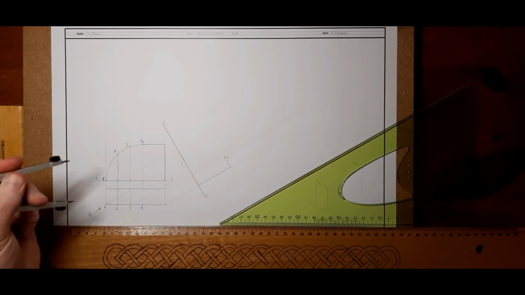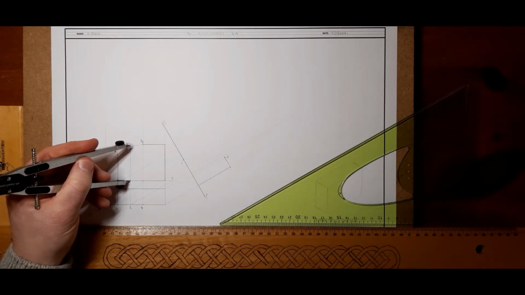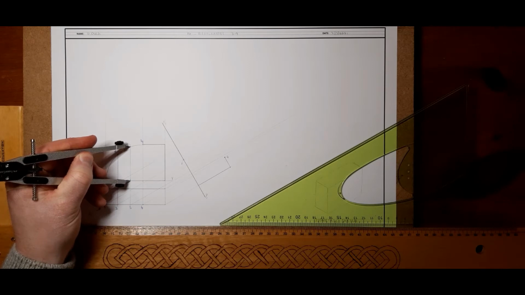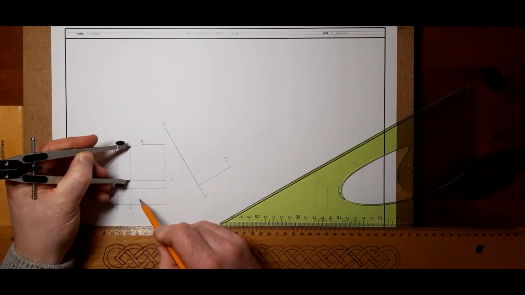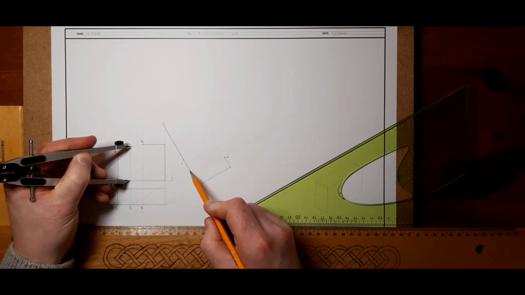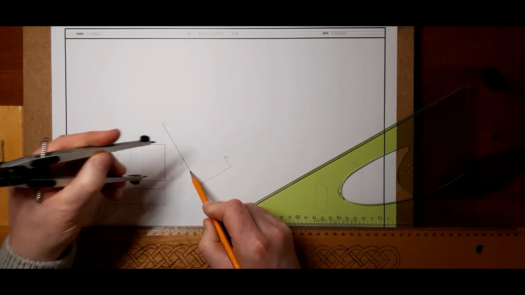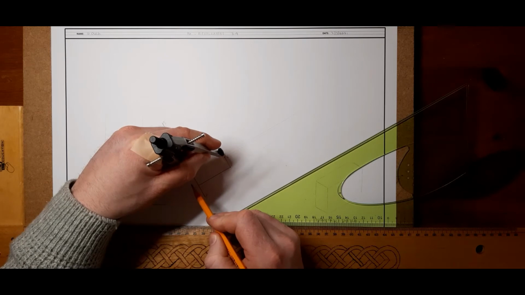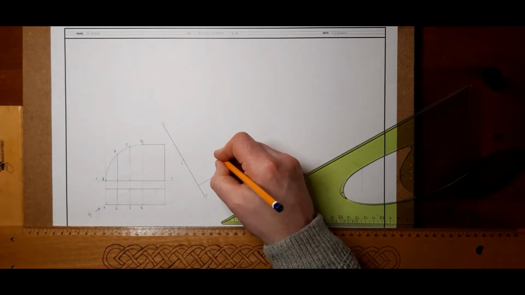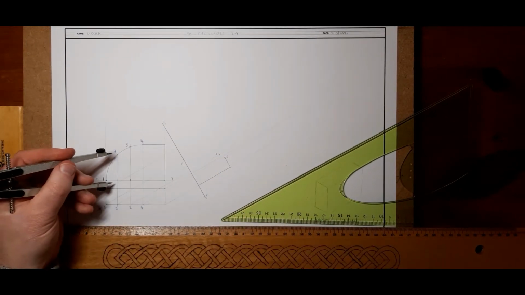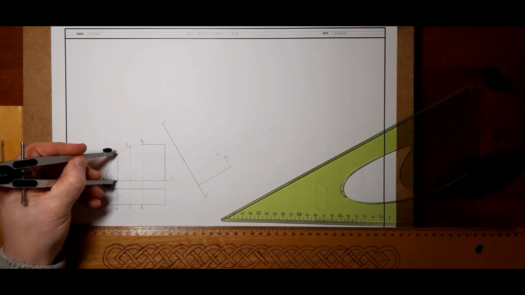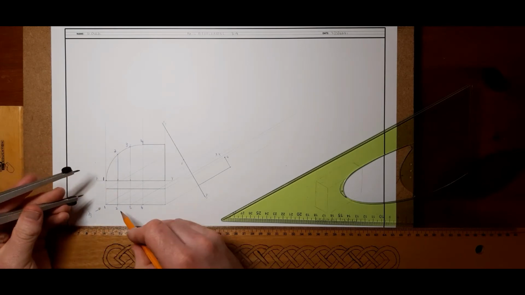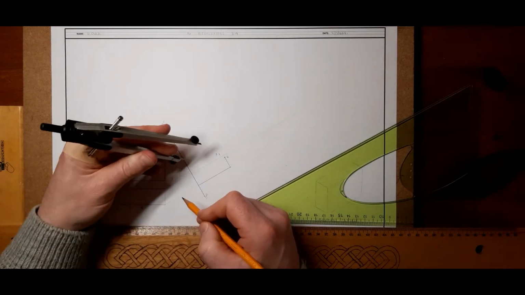And what you do is, you get your compass, set it on 3 there. There's 3 in plan, follow it up. So I'm measuring from the ground line, the XY line. This X1, Y1 is just another ground line. That will get me point 3 there. Then I measure the distance for 2. And I follow up along here on this line.